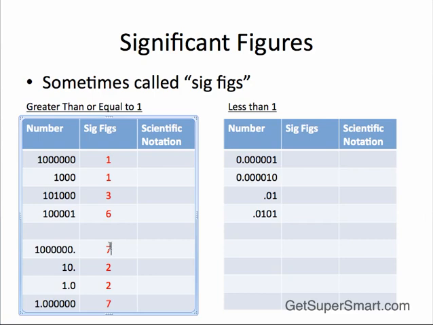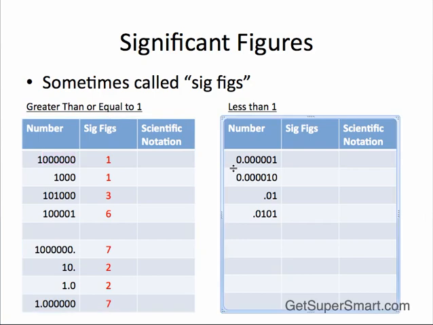Well, they have somewhat similar rules to these numbers over here that didn't have a decimal, where we had to wait until we found the first significant digit. But the difference is, with a number less than 1, we're going to start counting to the right. So in this case, we're looking for the first non-zero digit to the right of the decimal.